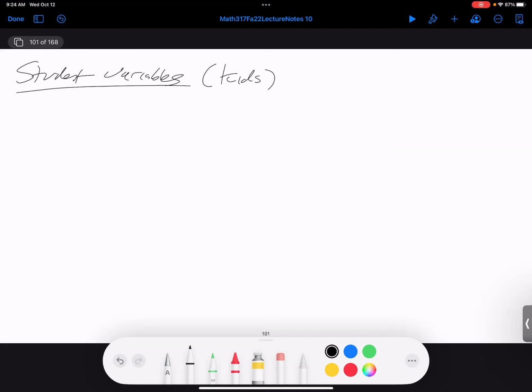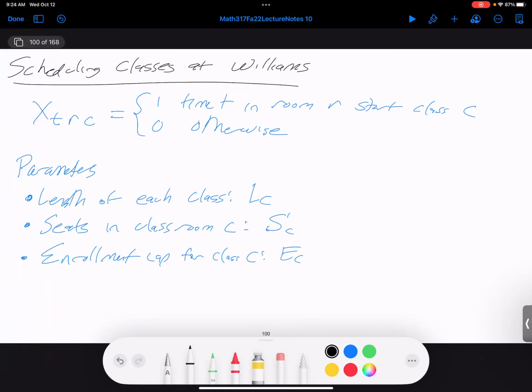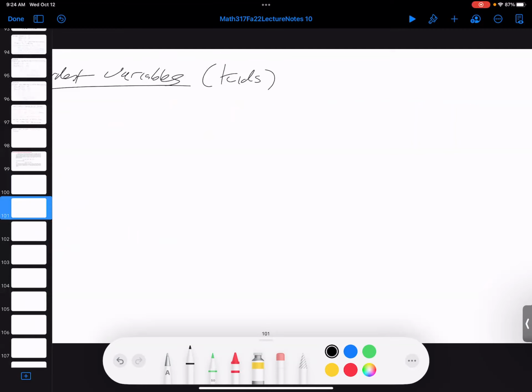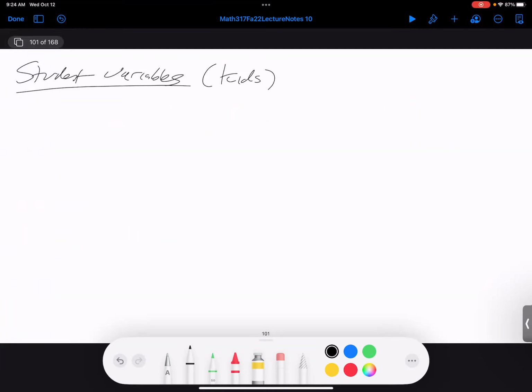Well, before we had X_TRC, if at time T in room R, class C starts. So for a student, it should be the same because they can't be in more than one class. Okay, but I need a variable. What's going to represent my student? I'm going to use a different letter. I don't want to use X. I'll use Y, my student variable.